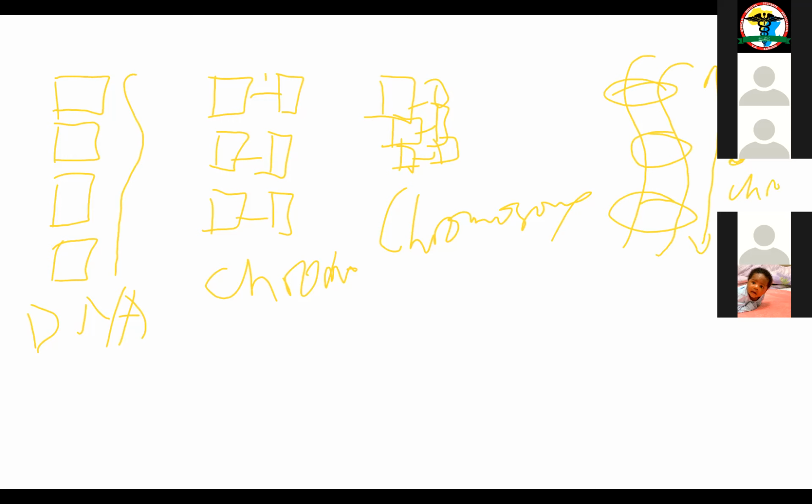Do you guys understand? I intentionally put this building block. These building blocks that make up the DNA are what is known as nucleic acid. Think of it like a building block. The nucleic acids come together to make the DNA.